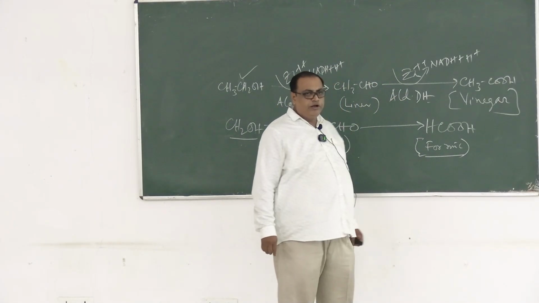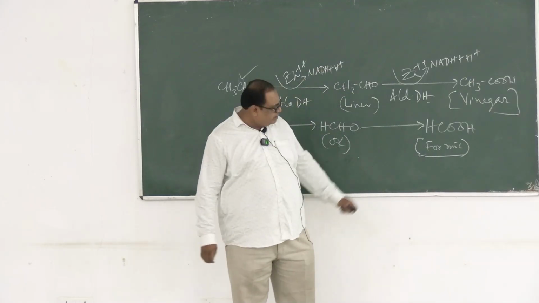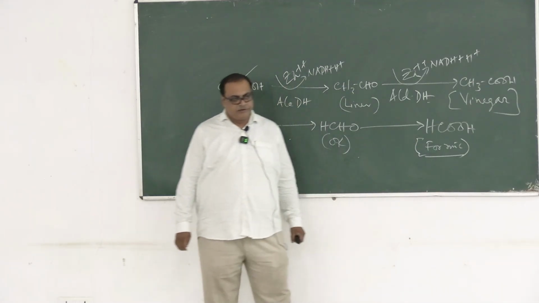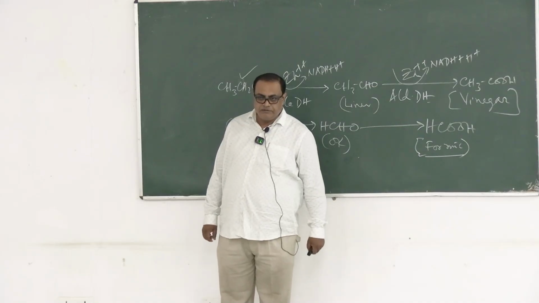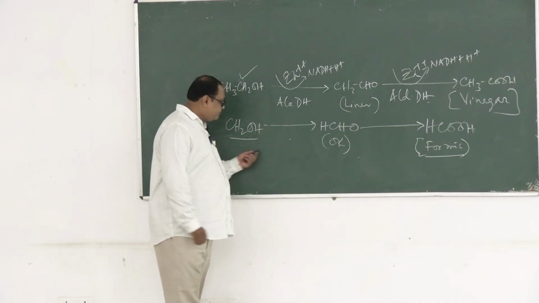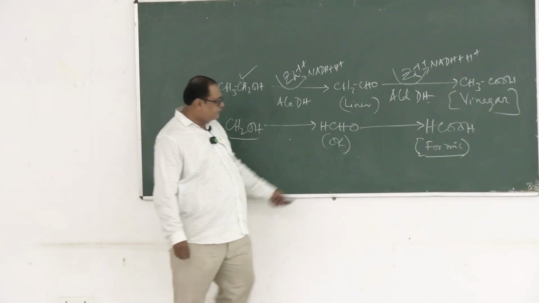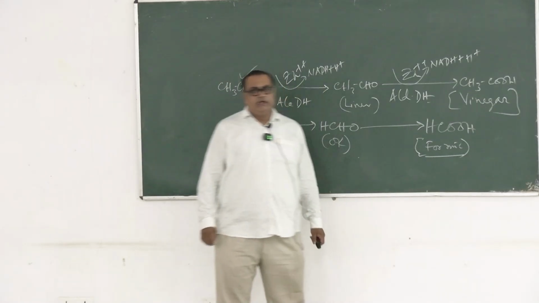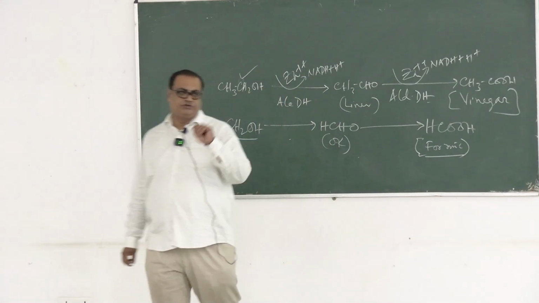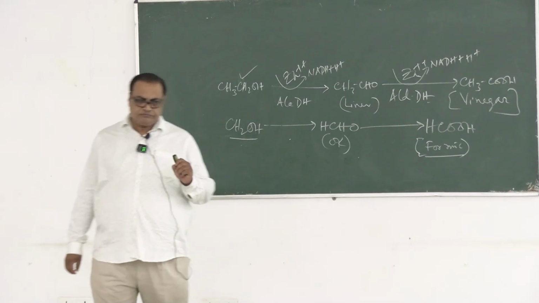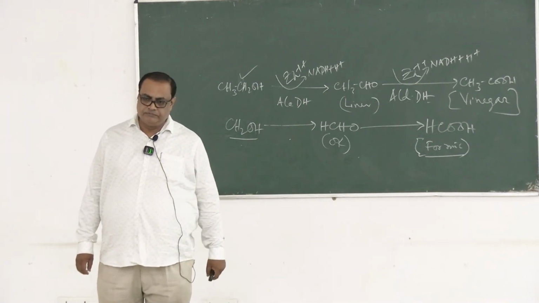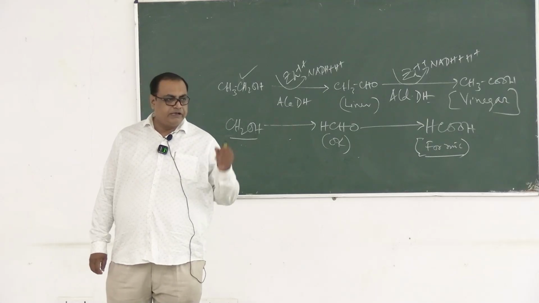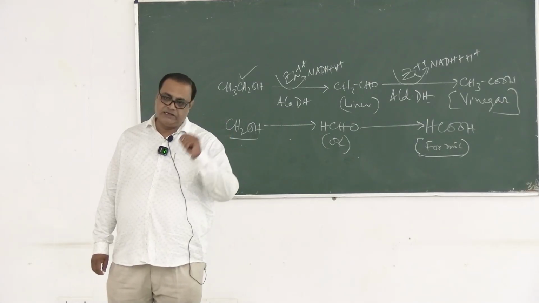Now, our body can get rid of formic acid, but it will require some time. Right? So, what happens when a patient comes with this formic acid, actually it causes harm to the neurons, nerves, mostly the optic nerve. The optic nerve gets affected by formic acid.